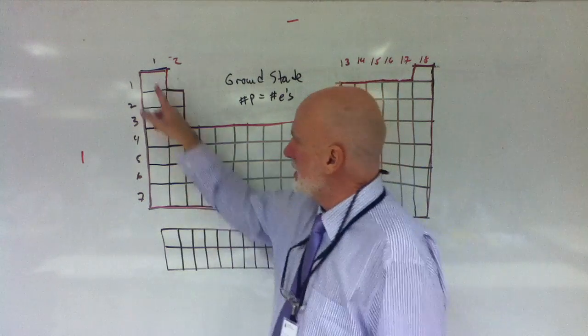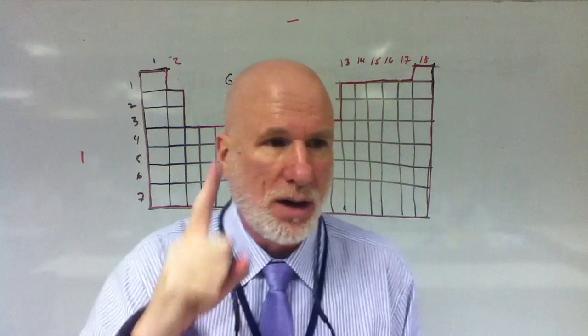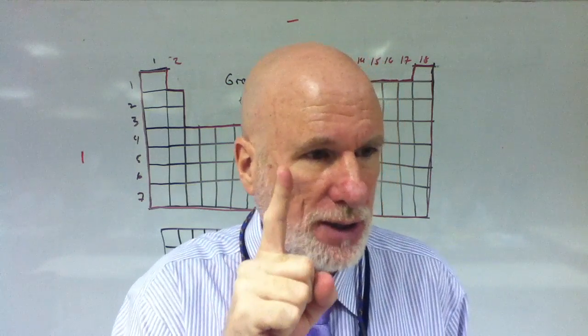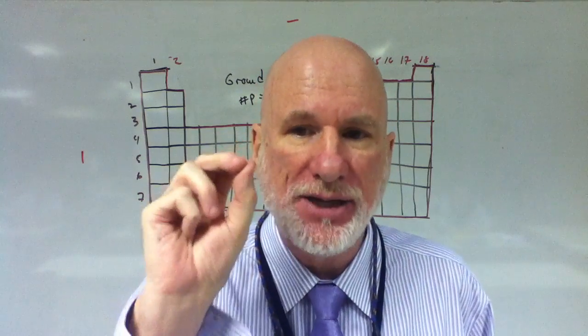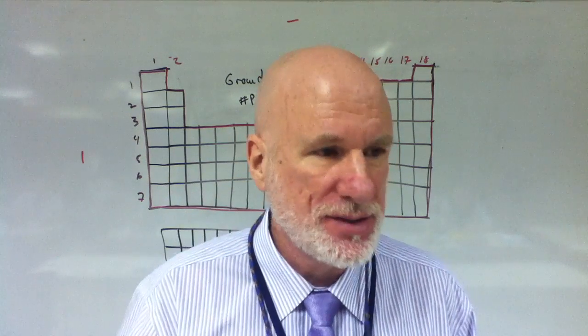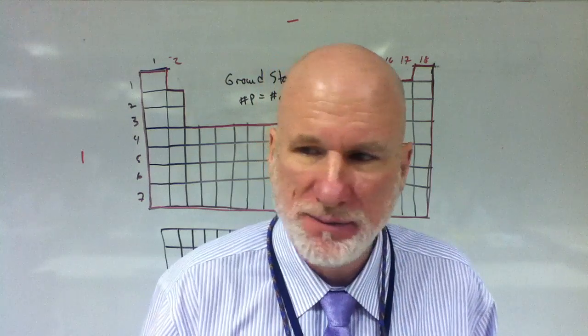So all of these elements in that first row, if they gave up 1 electron, would be like the nearest noble gas. They would have the valence shell. Are you ready for this? What's a valence shell? The outer shell.